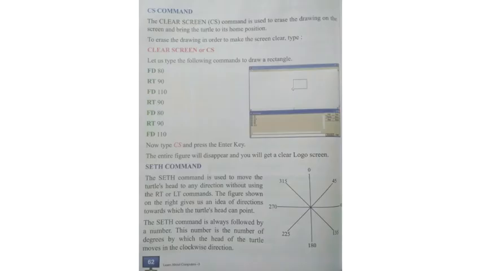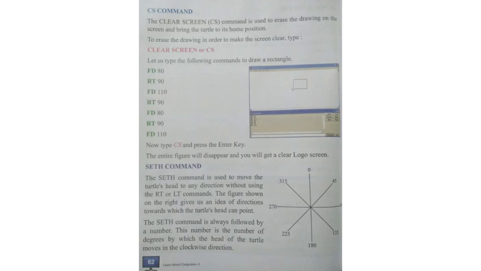Now we have the CS command. CS command means clear screen. This command is used to erase the drawing on the screen and bring the turtle to its home position. It helps us to clear the screen of whatever commands we have given earlier.